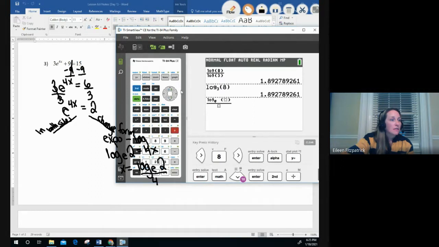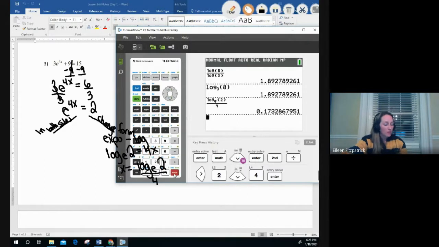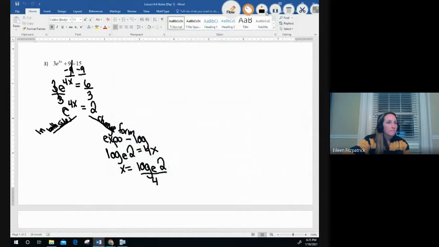Log base e of 2 divided by 4, enter. Okay, and you get approximately 0.17. So I think I ran out of room there. That's approximately 0.17.